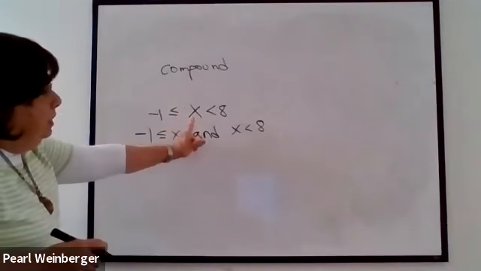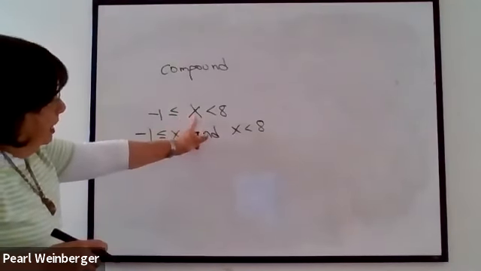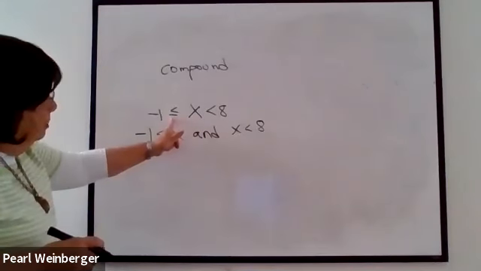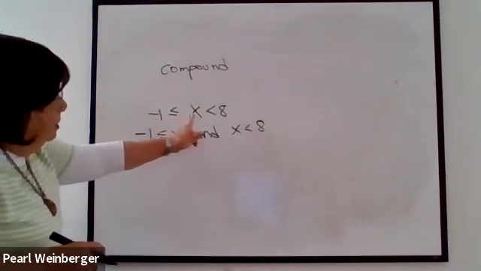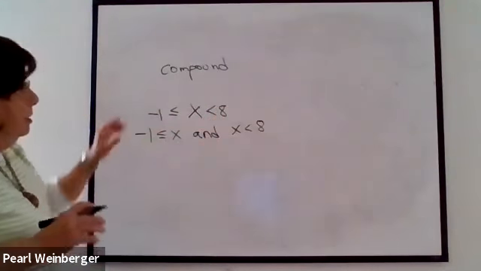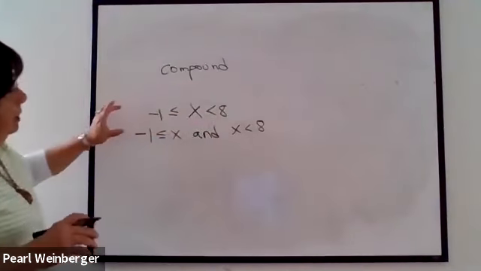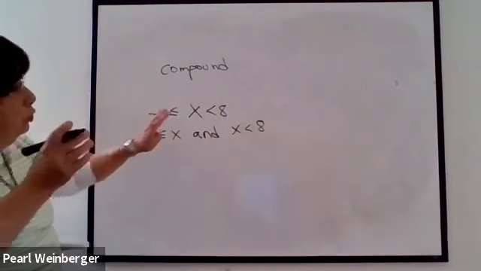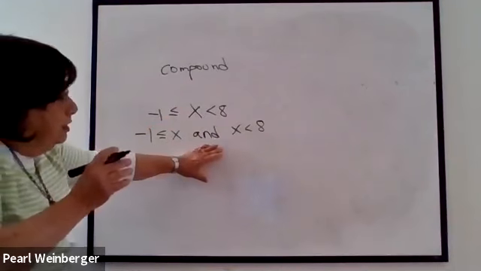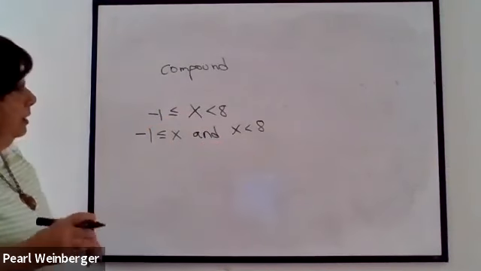And really, we read this from the middle. x is greater than or equal to -1, and x is less than 8. This double inequality, this compound inequality, always means two inequalities that are connected by the "and."